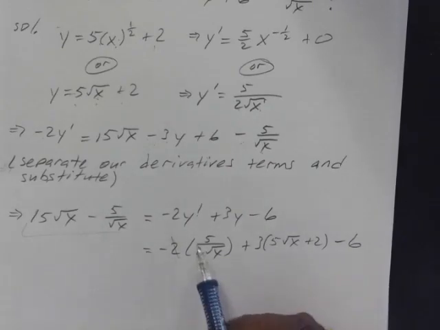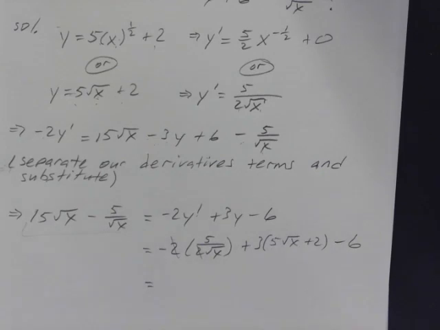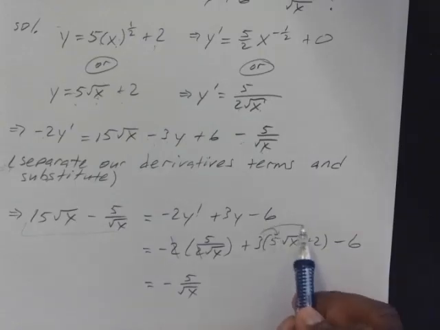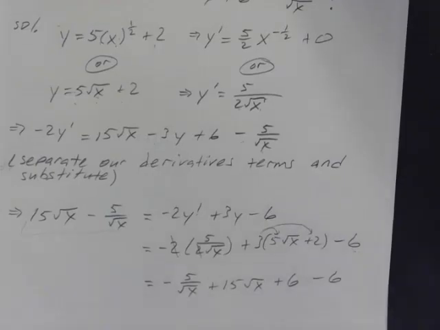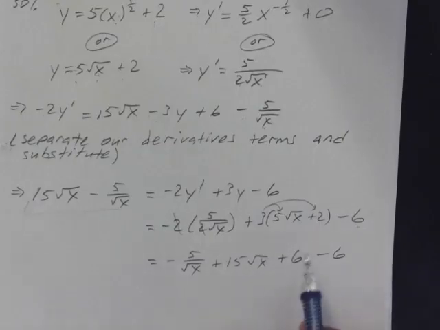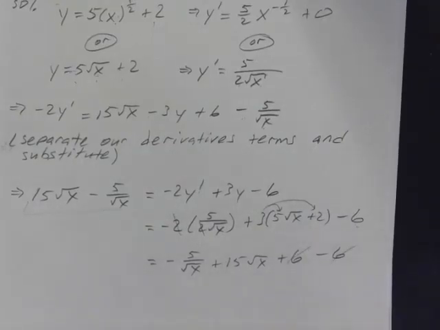Okay. So the 2's cancel each other out. So that's negative 5 over square root of x. And if we distribute that 3, plus 15 square root of x plus 6, and we still have that minus 6 right there, where these two cancel each other out.